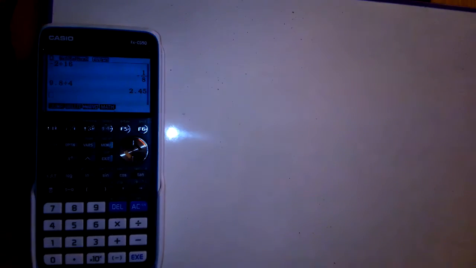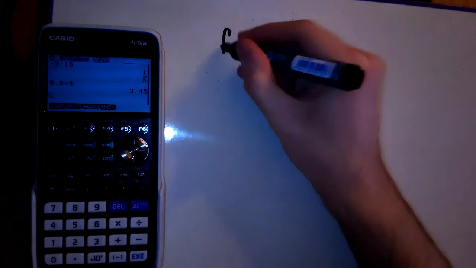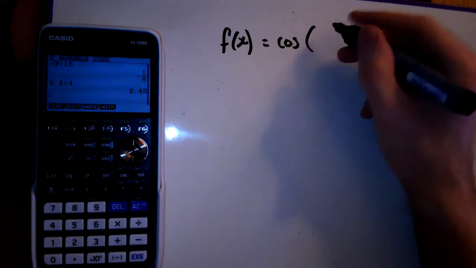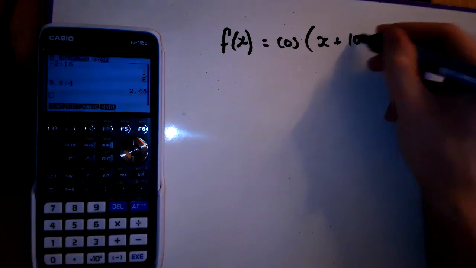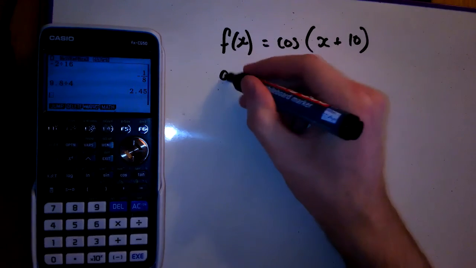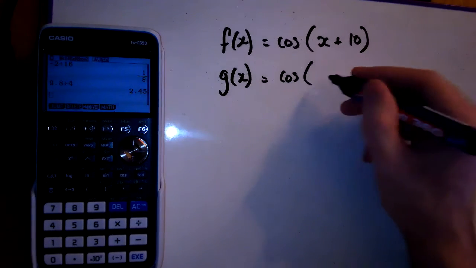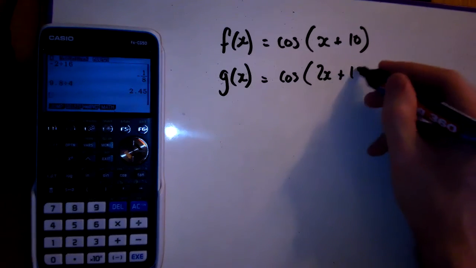Okay, the second one, we have f of x is cos x plus 10, and g of x is cos 2x plus 10.